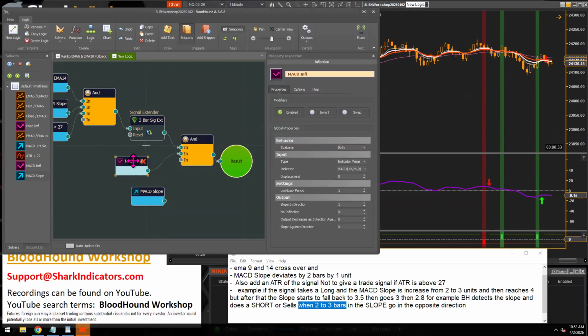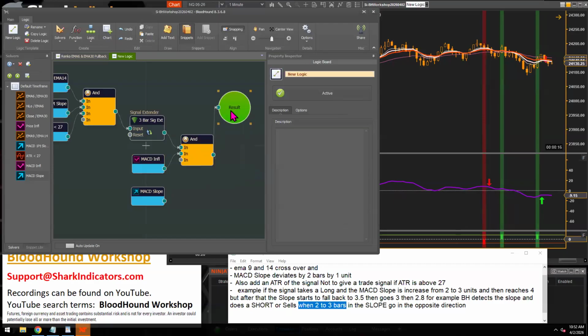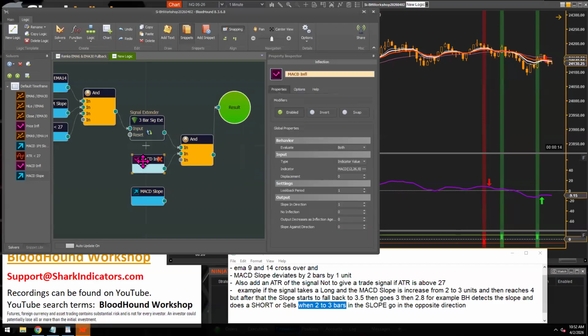So in the inflection solver here, we have this look back period. So, actually, yeah, you know what? Yeah, sometimes that'll work. So I'm faced with a decision choice.